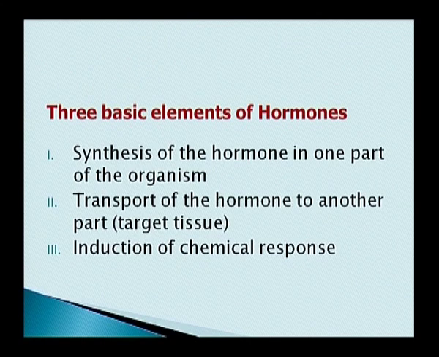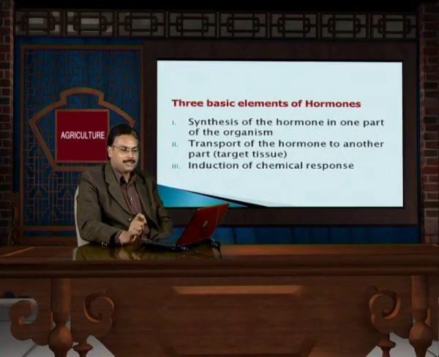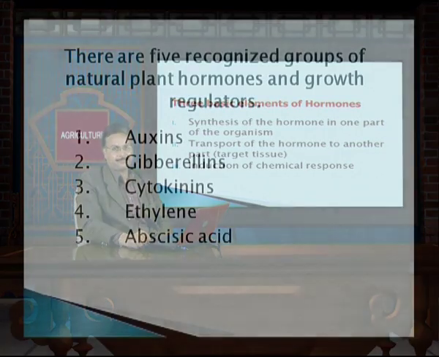The synthesis of the hormone must be in one part of the organism, and from there must be transport of the hormone to another part, and during this transport there should be induction of a chemical response. So, a plant hormone should be synthesized in one part and transported to another part where it takes action.